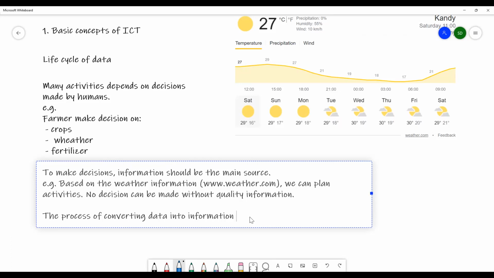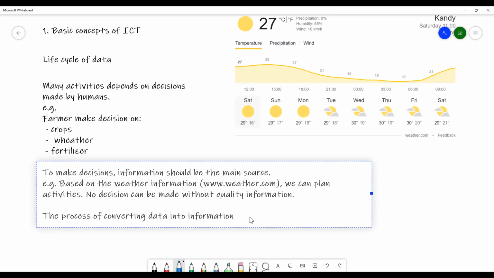Like if I said 85, it's not a proper decision to say she's good, unless you compare it with the average marks of the class. You got the point, right? So you will see this in coming sessions as well. So this is the process of converting data into information.